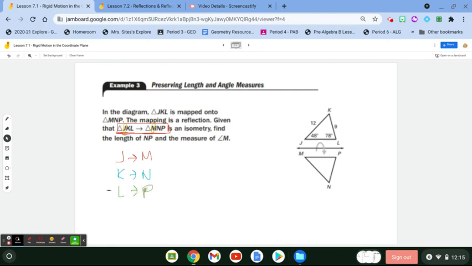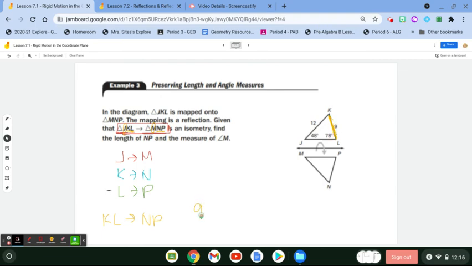If we need to find NP, let's look here. NP is the last two letters over here. So on the first triangle, it has to be KL. If I'm looking at KL, I know the length of that one over here. KL is equal to 9.